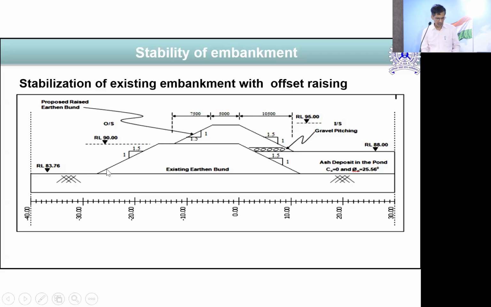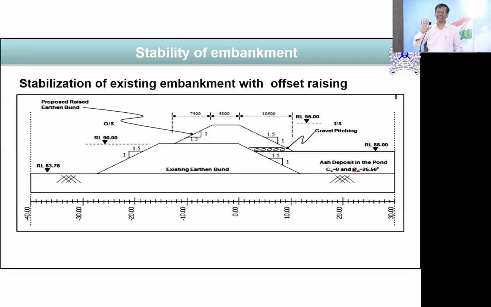Stone columns can also improve the bearing capacity of the soil. And when it comes to the dam, in those days these dams were constructed without thinking about what the height of the raising would be. Like one example we were discussing, think about the unit weight of the tailing, like red mud, 20 kilonewton per meter cube. If I make it 20 meter high, that becomes 400 kilonewton per meter square.